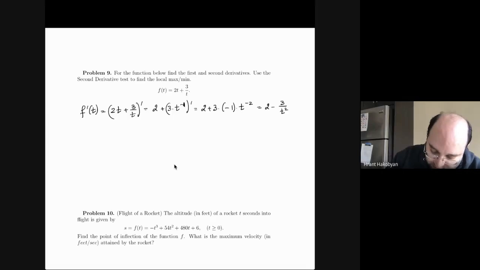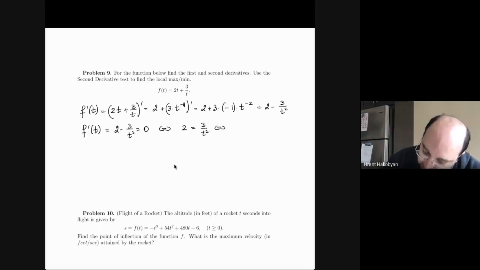So I want to say f prime of t equals 0, right? So 2 minus 3 over t squared is equal to 0. That's the same thing as saying that 2 is equal to 3 over t squared, which, if I cross multiply, gives t squared equal to 3 over 2.